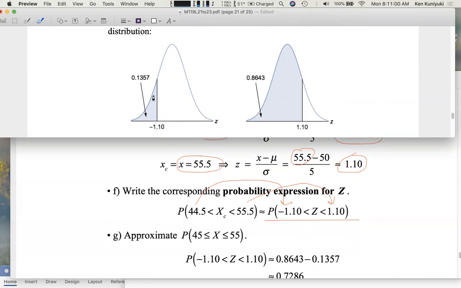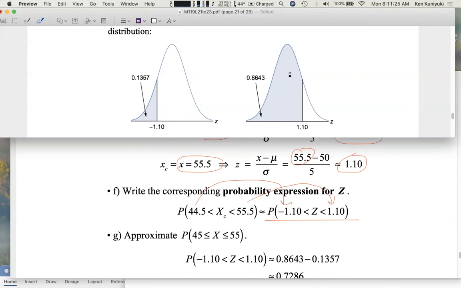And then I want this area to the left of negative 1.10, which is smaller, is 0.1357. In fact, by symmetry, you can see that this and this are complements. These add up to 1. Again, that's by symmetry. If this were, for example, 2 or 3, then this symmetry idea wouldn't work. We wouldn't have symmetry. But here we do have symmetry.